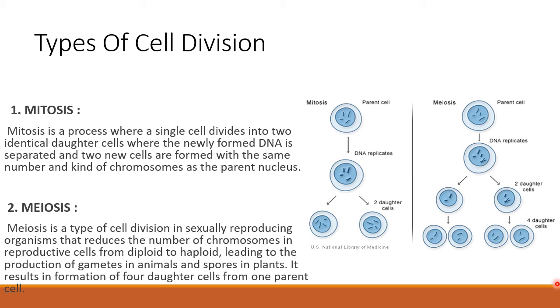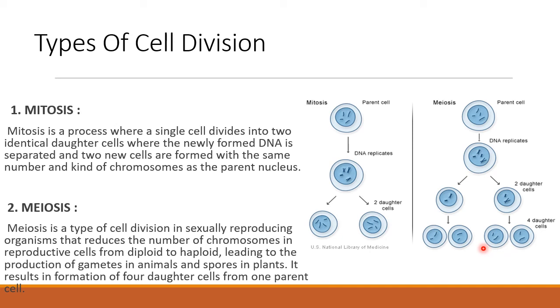Therefore all the four cells are diploid or haploid? They are haploid, that is, having half the number of chromosomes, and will also contain half the original amount of genetic information. Now meiosis occurs in reproductive cells like sperms, eggs, as well as spores in plants.